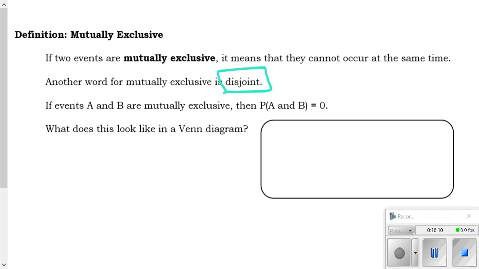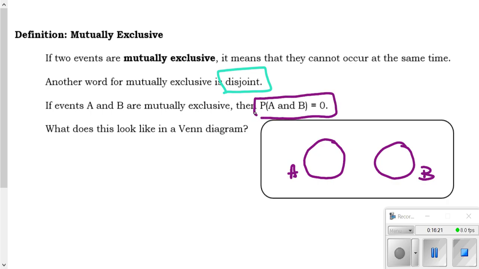Because the way that would look in a Venn diagram is like this. Here's event A, here's event B. There's no overlap because it's impossible for both of them to happen, right? Because they are disjoint or mutually exclusive. Okay, so that's what it looks like when you have mutually exclusive events.